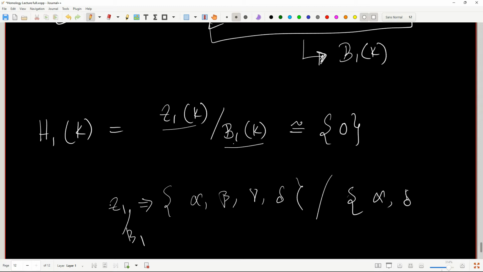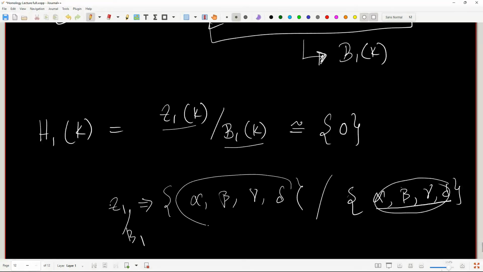But in this case, since these two groups are the same, I have to write all the elements, right? So all the elements are the same: alpha, beta, gamma, delta. And when we quotient this, we interpret it as I take all the elements inside B1 and I shrink them to identity. So all the elements will be shrunk to the identity, or so to say converted to the identity.